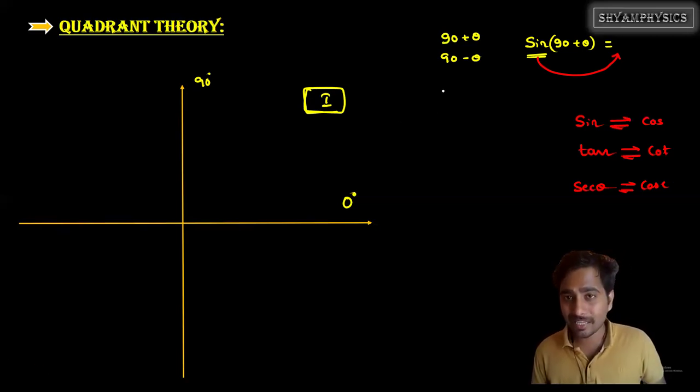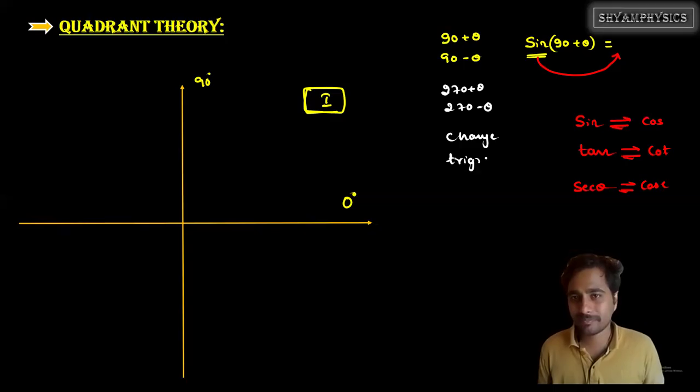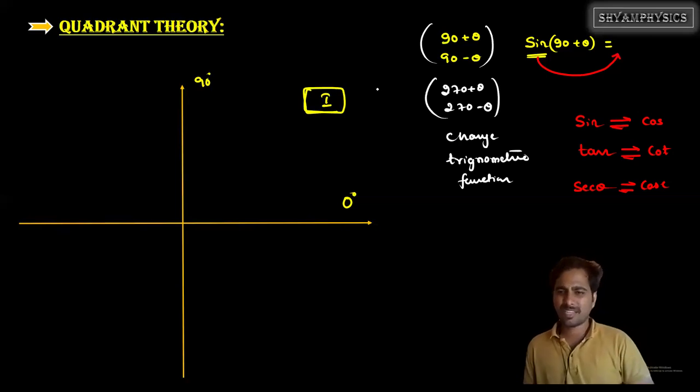If the expression has 270 plus theta or else 270 minus theta, that time also you have to change the trigonometric function. Only at 90 and 270.